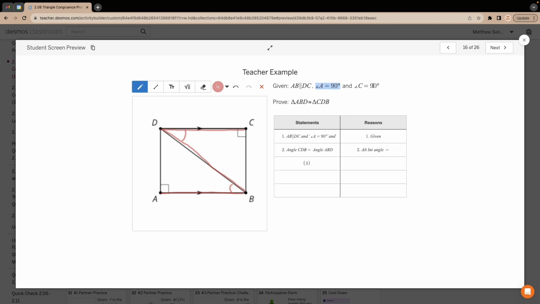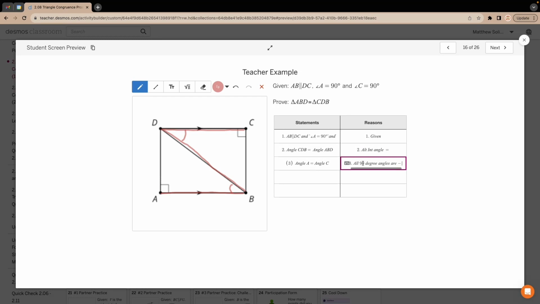The next thing I'm given, so always use your givens, angle A is 90 and angle C is 90. Well, that means those are equal. Easy. Angle A is equal to angle C. You could just say they're both 90 or all 90-degree angles are equal. How did you know?